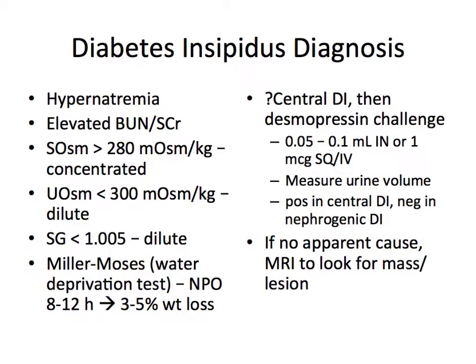The patient is given 0.05 to 0.1 milliliters of intranasal desmopressin or 1 microgram subcutaneously or IV. The patient's urine volume is then measured, and in the case of central diabetes insipidus, there's a high urinary output, whereas in nephrogenic diabetes insipidus, the urine volume doesn't really change. If there's no apparent cause, an MRI is often done to look for a mass or a lesion.